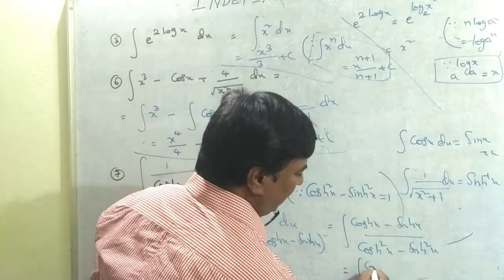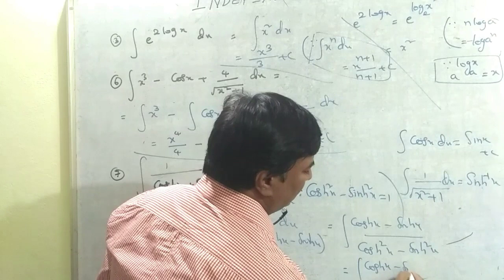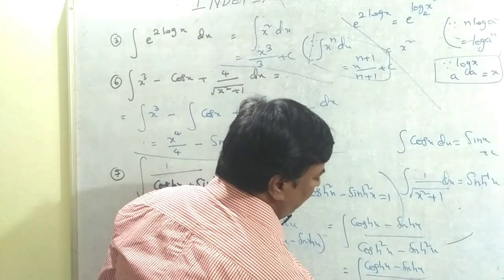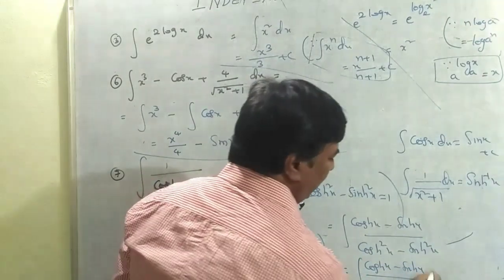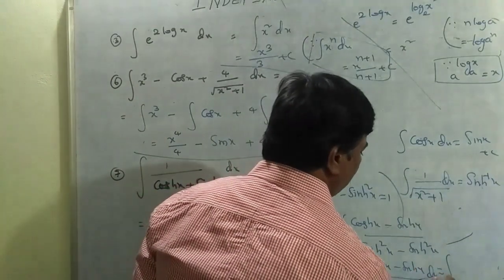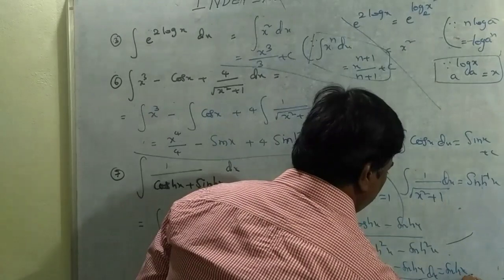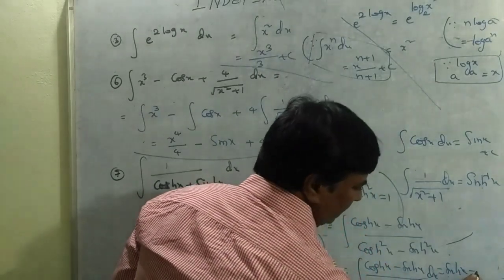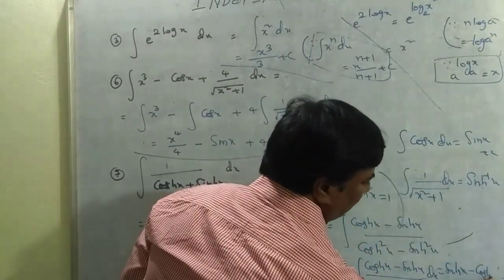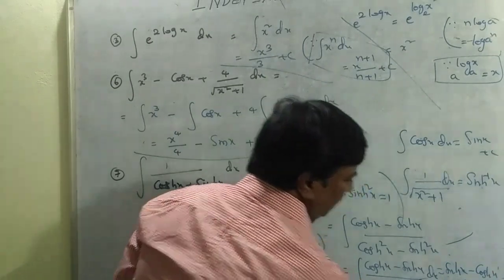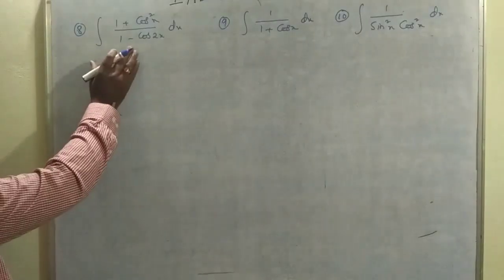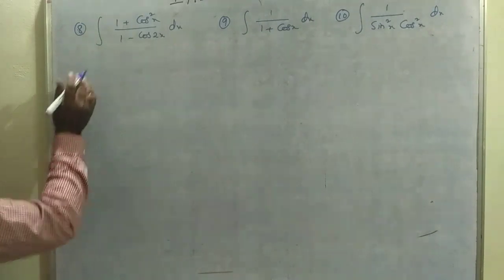So cosh x minus sinh x divided by 1. On separating, the integral of cosh x is sinh x, and the integration of sinh x is cosh x, plus c.